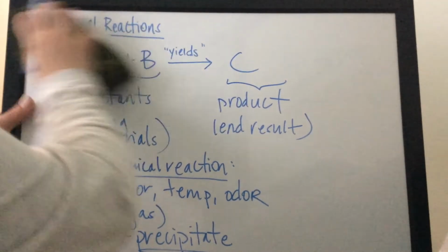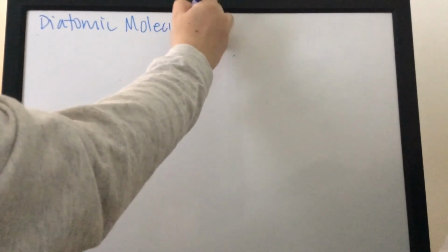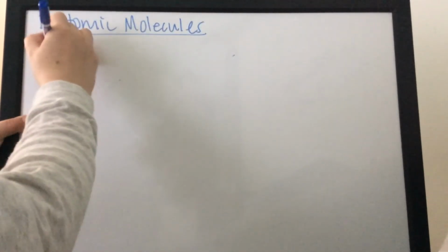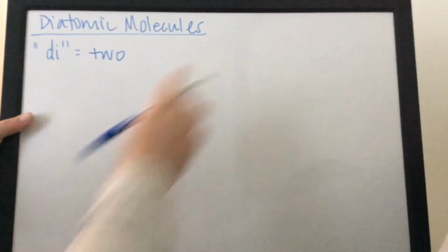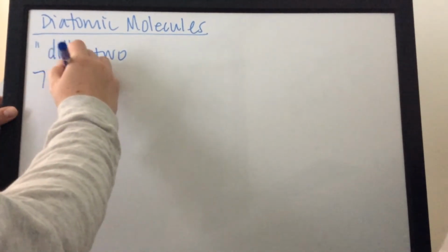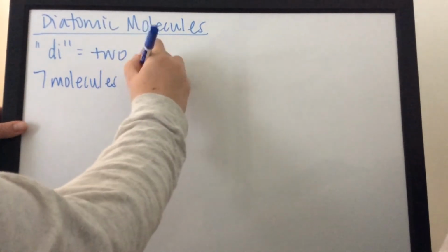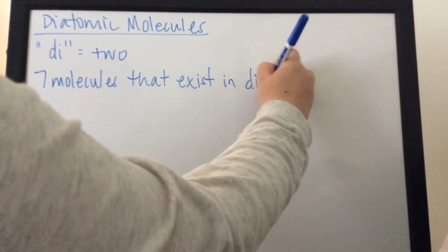That's pretty good. So that's just a quick review. All right, the next heading on your note paper says diatomic molecules. Well, di is a prefix, and di means two. What we're going to learn is that there are 7 molecules that exist in this diatomic form.